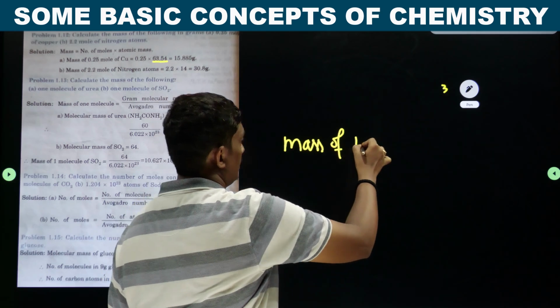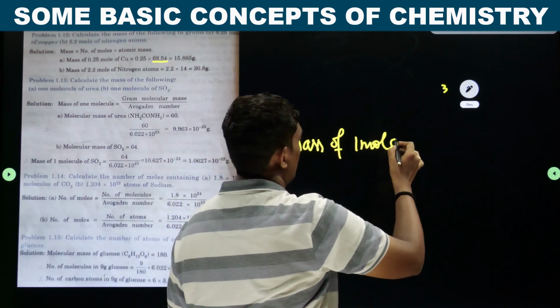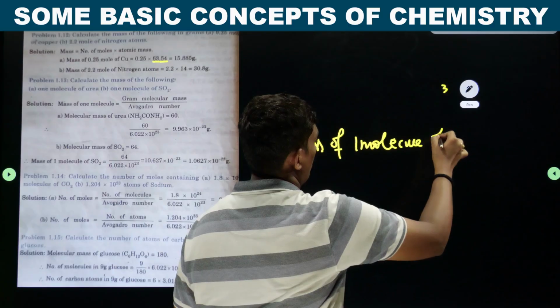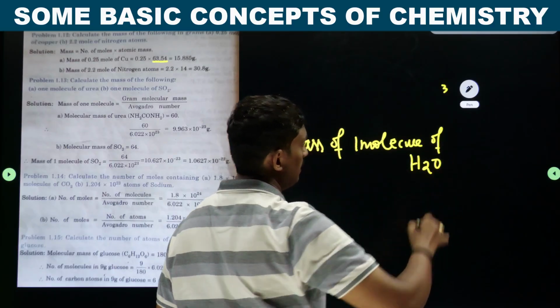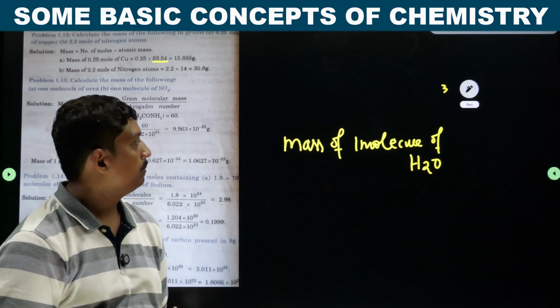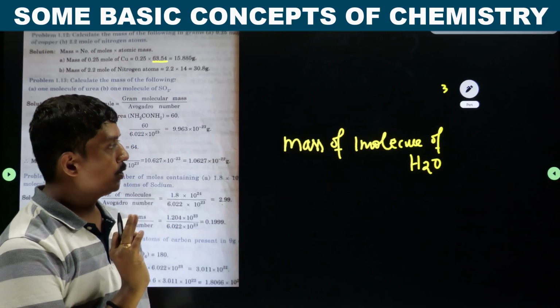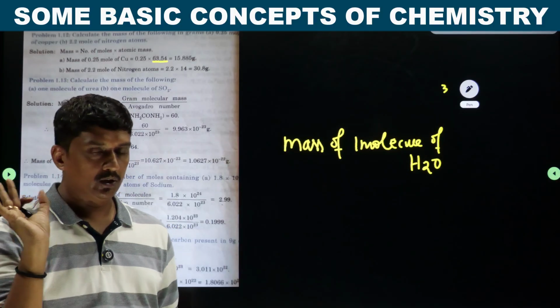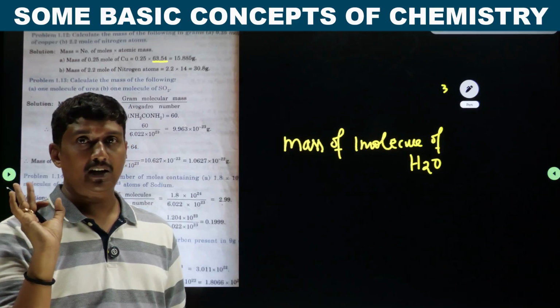Mass of one molecule of water. Now tell me how to calculate. Very simple. If it comes to the molecule, it should be clear: that is Avogadro number.